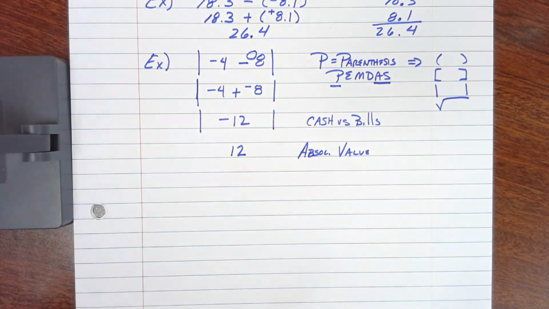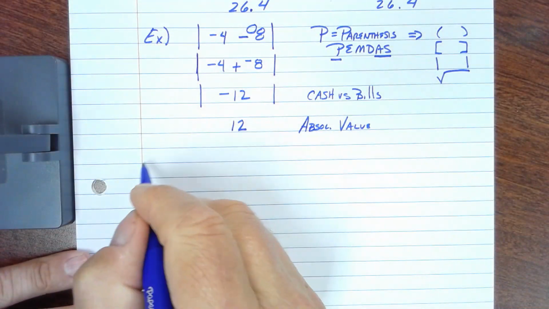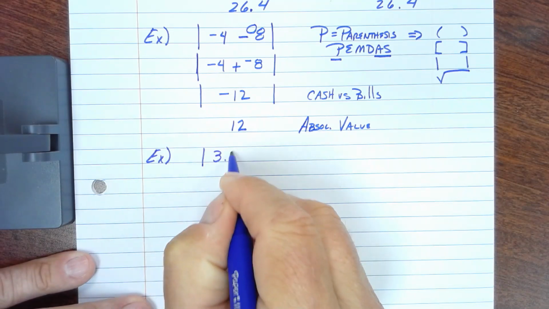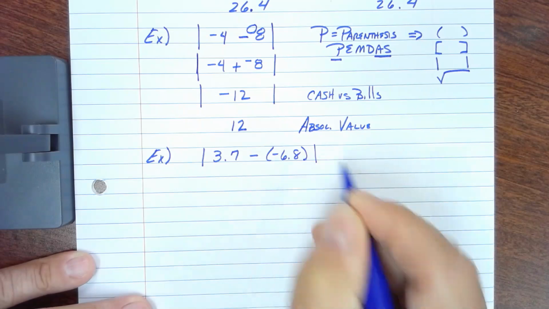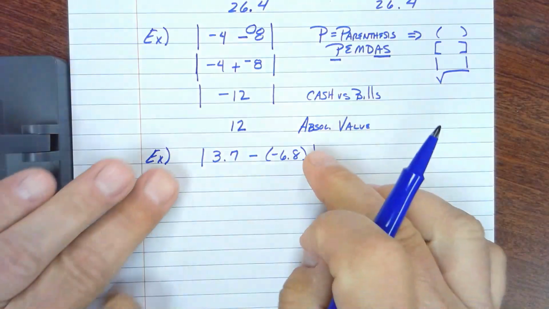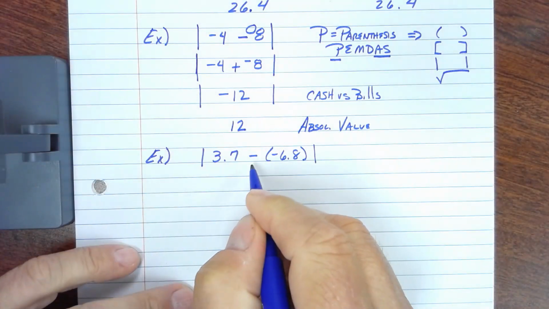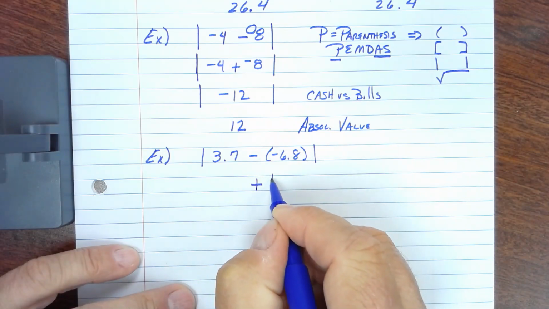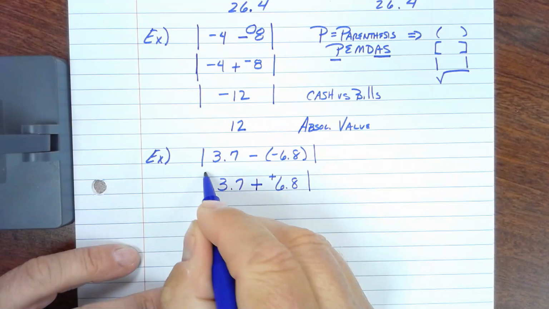All right. Now, along those same lines, but something a little more difficult, using not just integers, but using decimals, part of those rational numbers that we're working towards. Same kind of concept here. I'm going to do what's inside these absolute value signs first. It is subtraction and addition, so I'm going to change this sign, add, and change this sign to a positive. 3.7, I'm just going to copy it down.